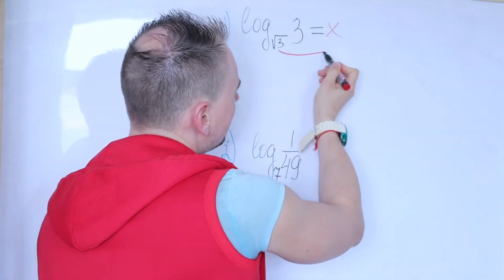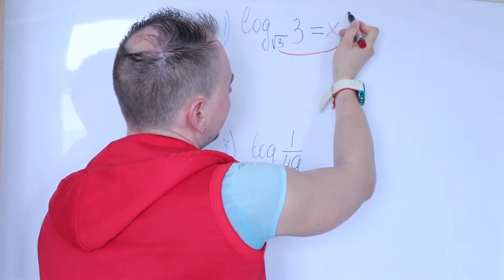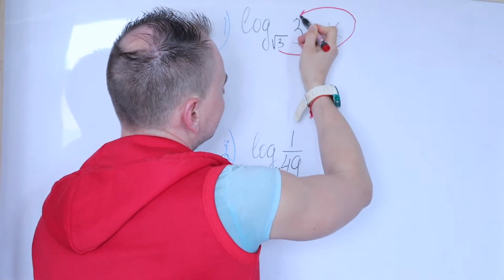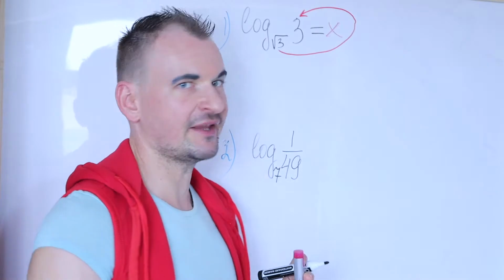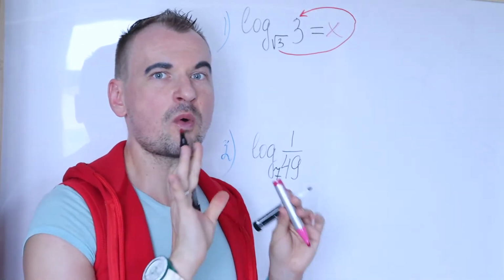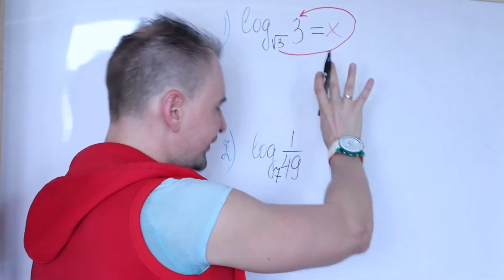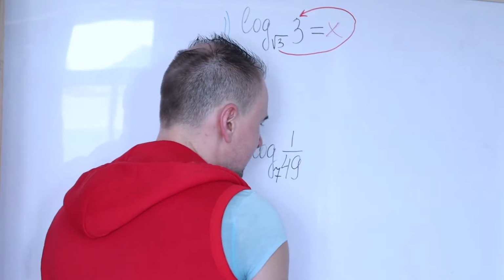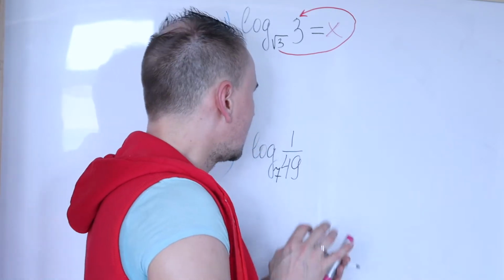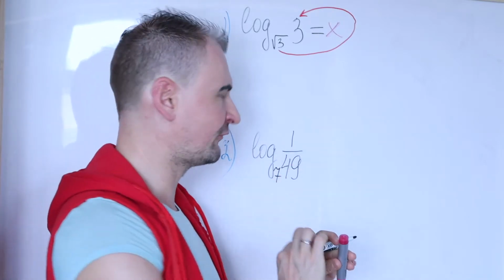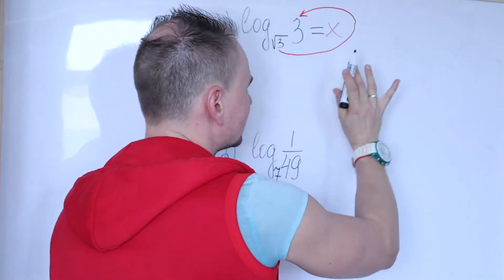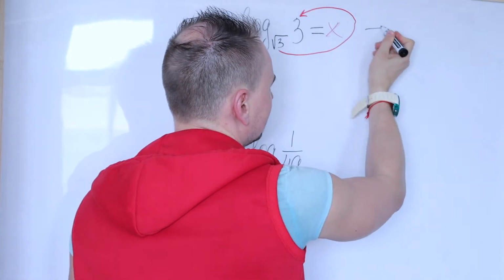And we go along, wrapping this x and end up with this middle number 3. And all you do is rearrange, rewrite this log into exponential, into index form.